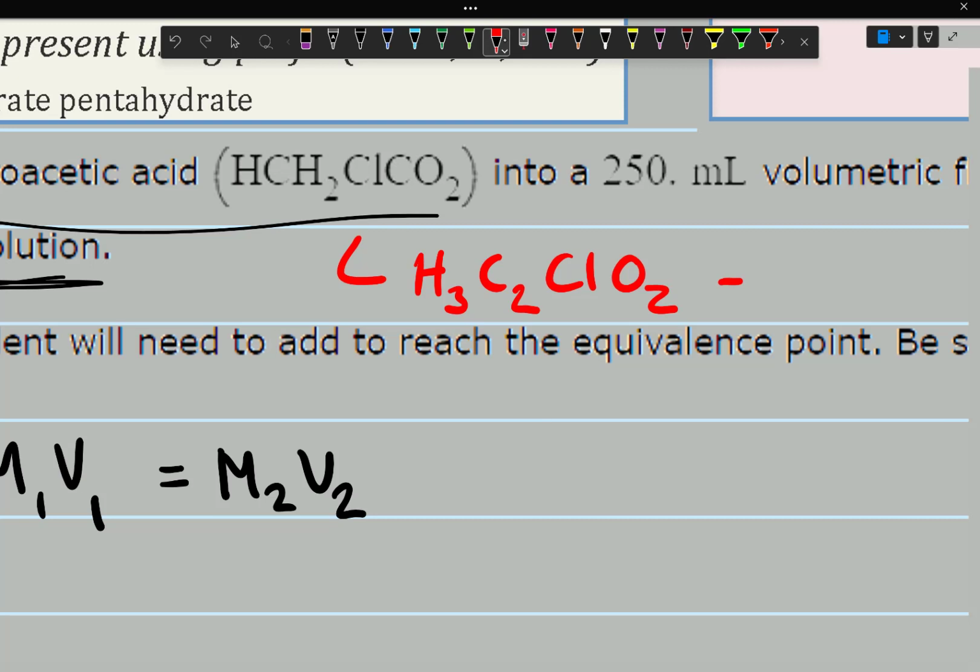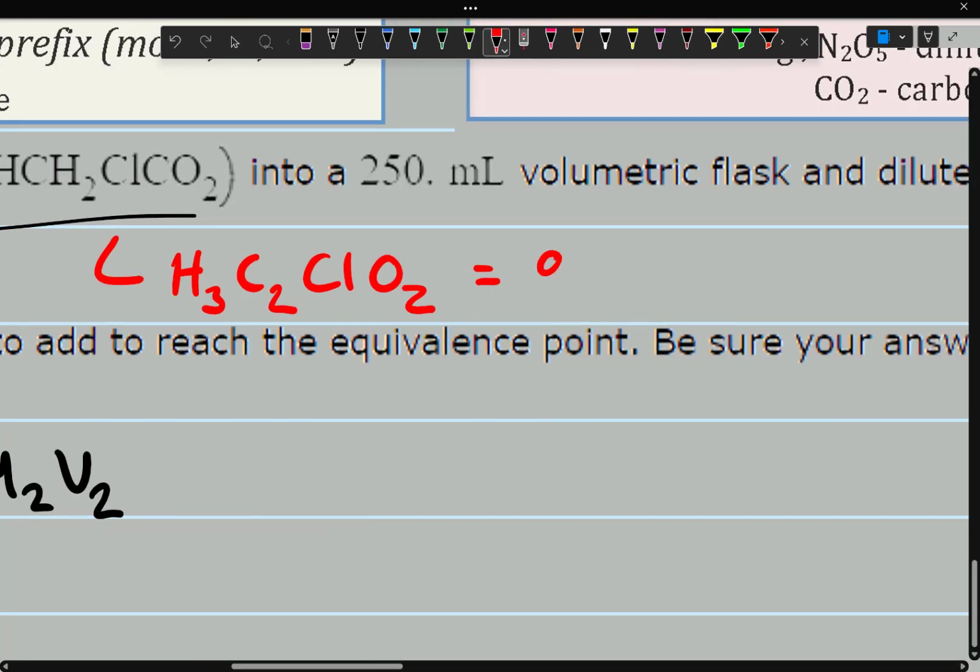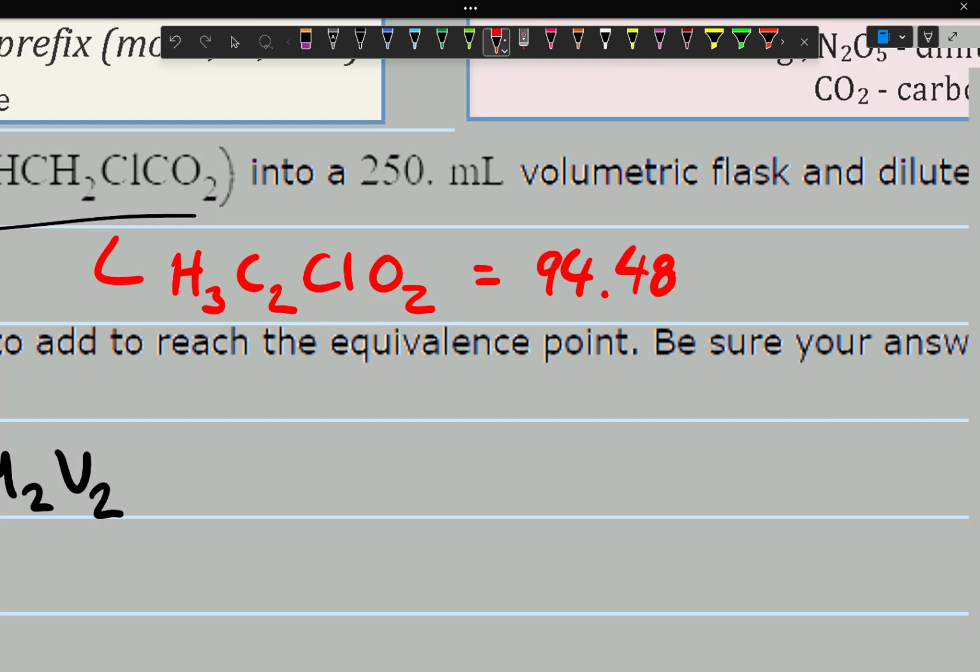And if we find that molar mass, we get 94.48752 grams per mole.